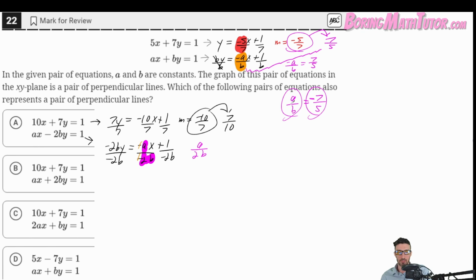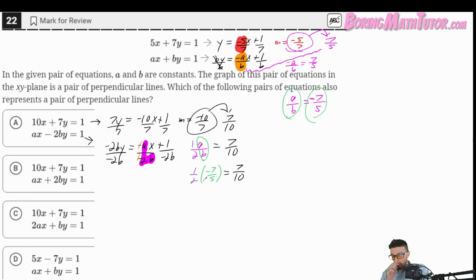And I'm trying to find out if that is actually going to be able to equal 7 over 10. Well, what did we say about a over b on its own? We said that it's supposed to equal negative 7 over 5. So where I see this a over b, I can replace it with negative 7 over 5. Now I would still need to put a 1 here so that way I can treat this as 1/2. And now is that coming out to 7/10? Well, no, this side is going to be negative, the right side is going to be positive.